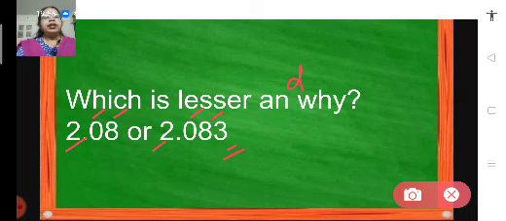And here in this number we have 3 decimal places. So we add one 0 to this number. Now we compare the digits in the thousandths place. So here in this number we have 0, whereas in this we have 3. So 0 is less than 3, isn't it? So obviously this number is greater and this number is lesser.